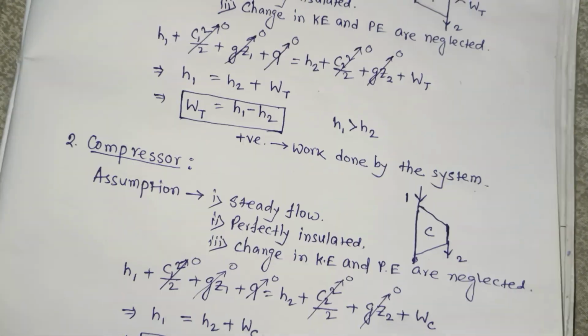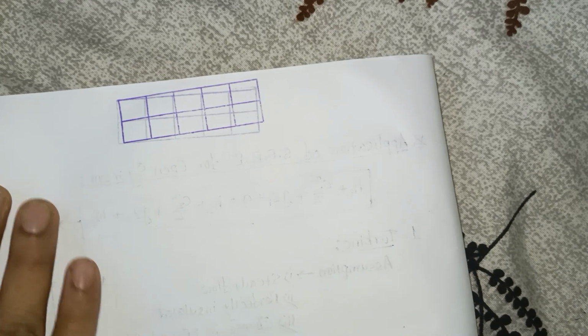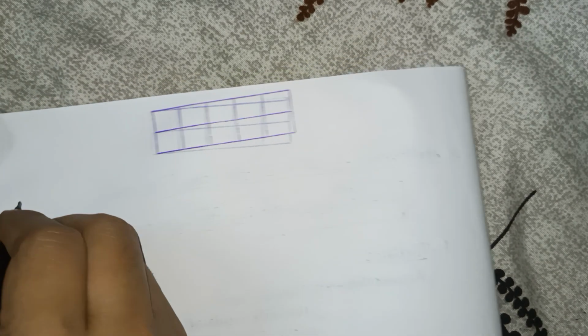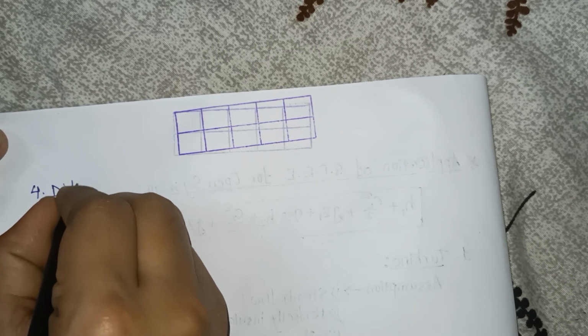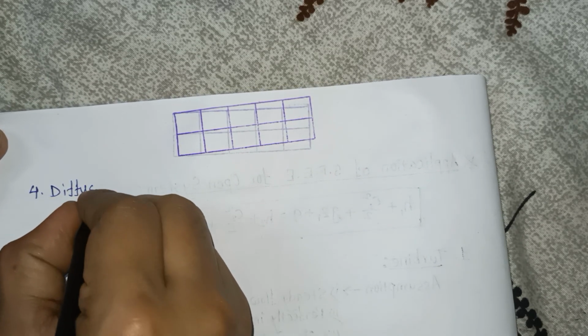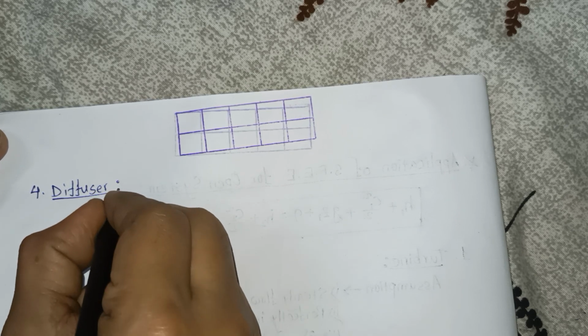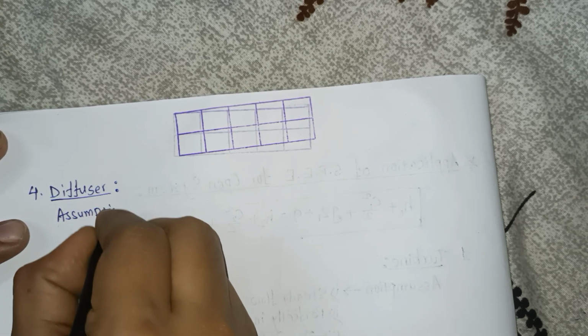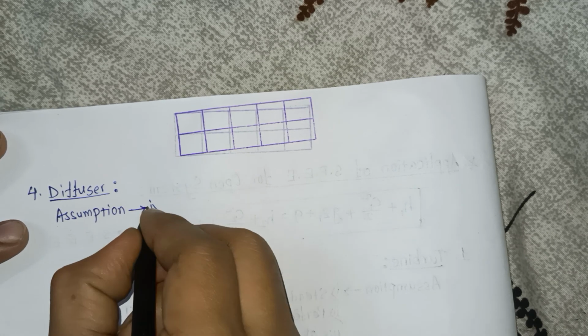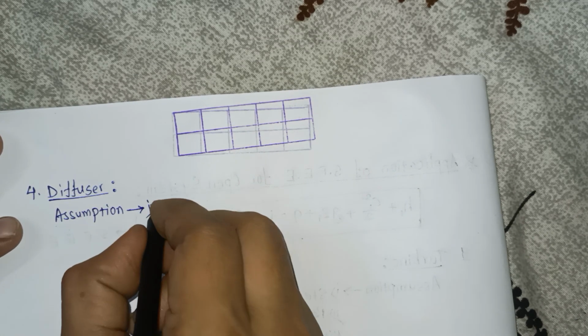now there is another device, that is the diffuser. That is the fourth open system device, the diffuser. Its assumptions are: first, steady flow.